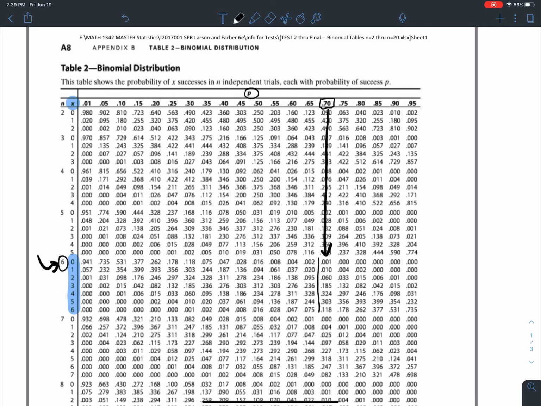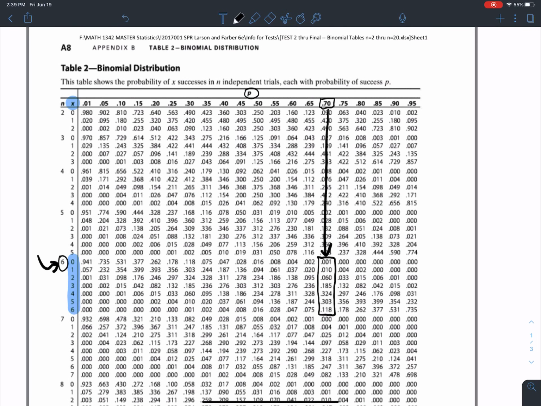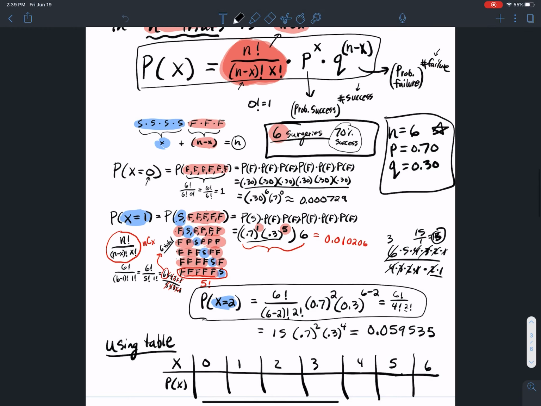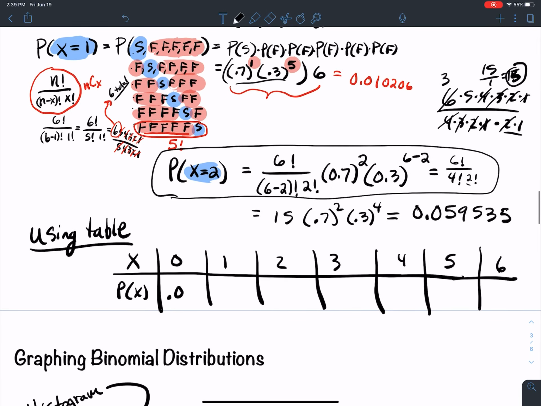So this is the set of numbers that I care about. The first one represents 0 successes, so that's 0.001.